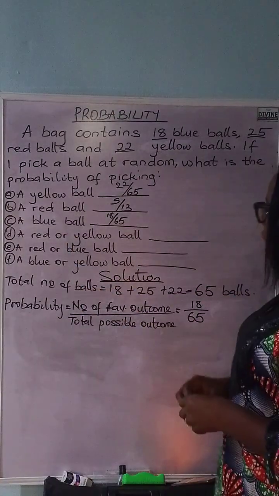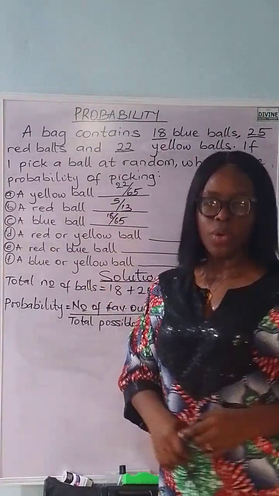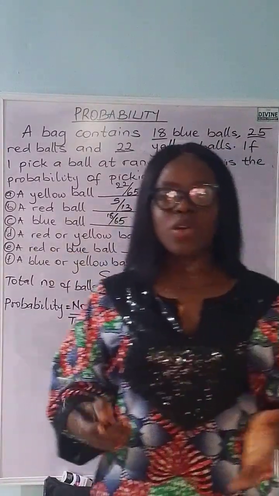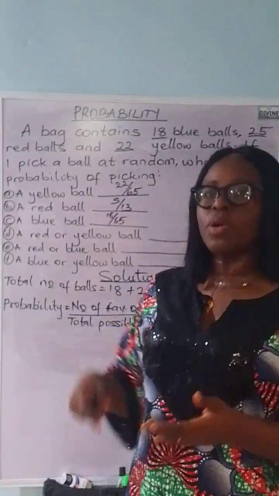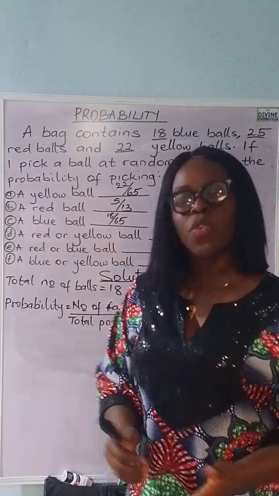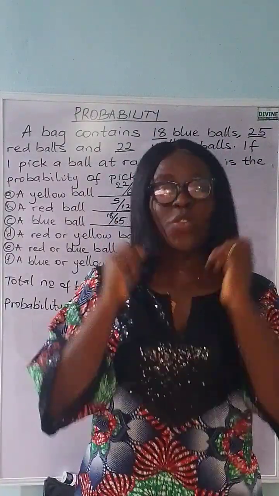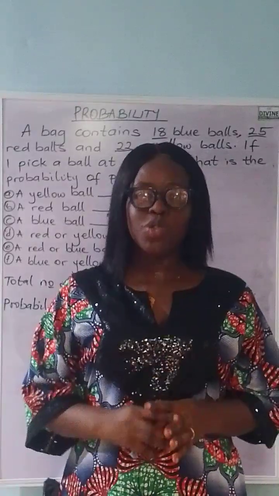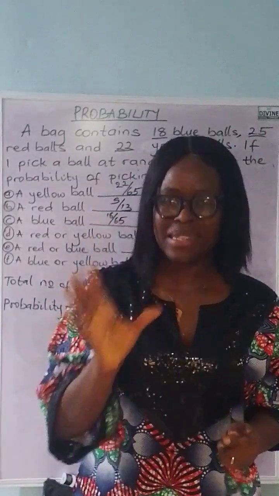Now we go back to what we have for today. What is the probability of picking a red or a yellow ball? When you come across "or", there are some advanced ors, but we'll have to start with this type of question. With your knowledge of what we have done, I told you that probability deals with the possibility.